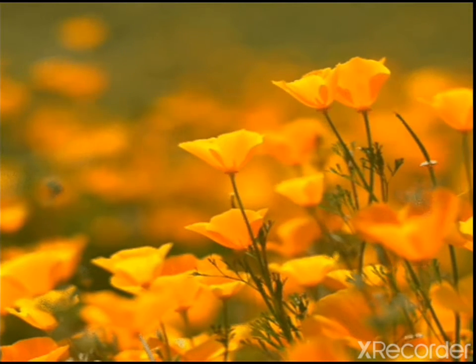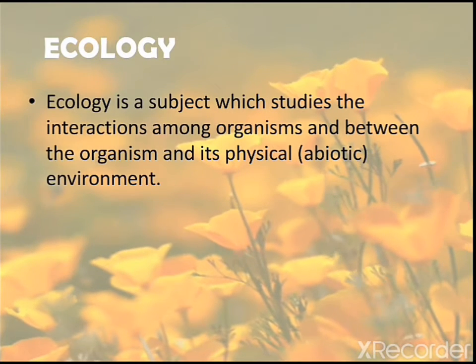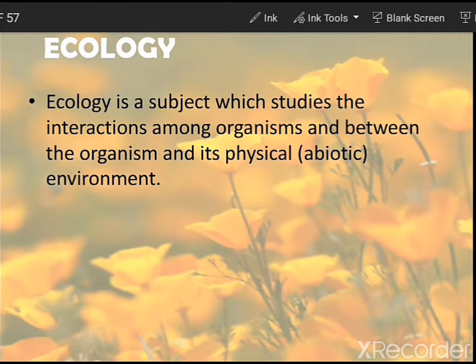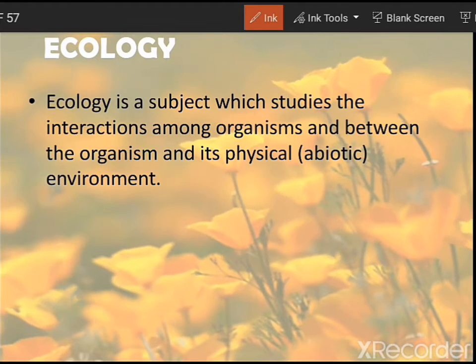So let us start with what is ecology. So what exactly is ecology? Ecology is basically a subject. It is a sub-branch of biology which deals with the study of interaction between organisms.